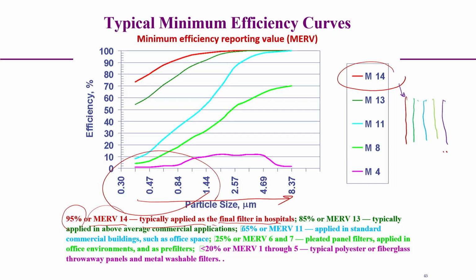What we are using here is MERV 14, where very fine particles are there, fine pore size is there. Now, in a hospital if you use this, it will be the final layer, where after filtration of the much coarser particles, only fine particles will be captured by MERV 14.